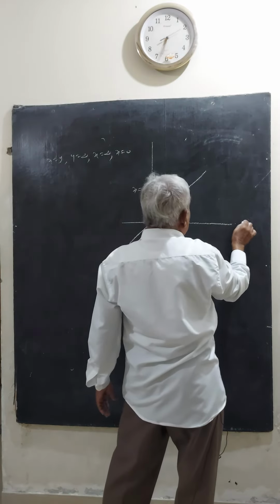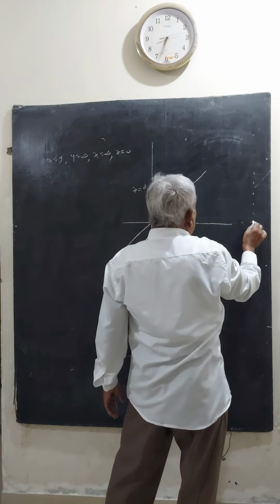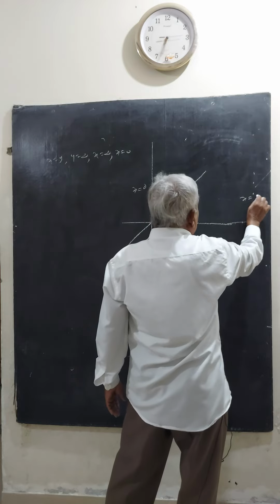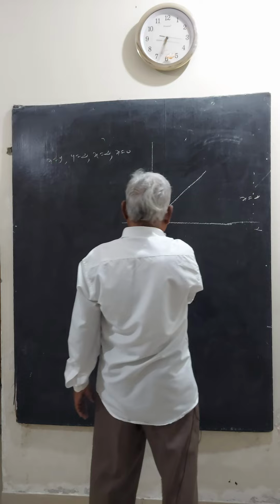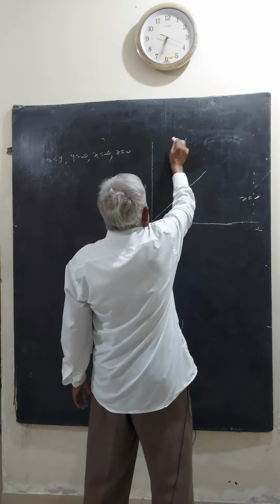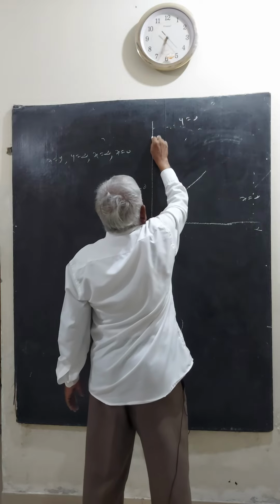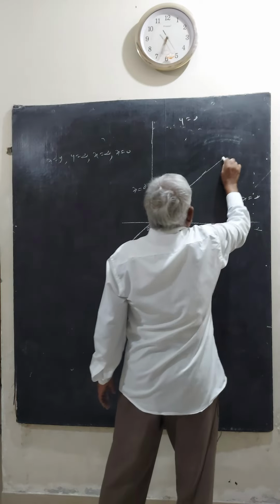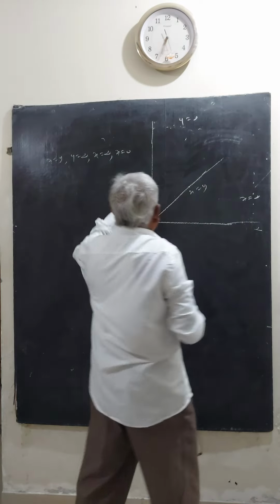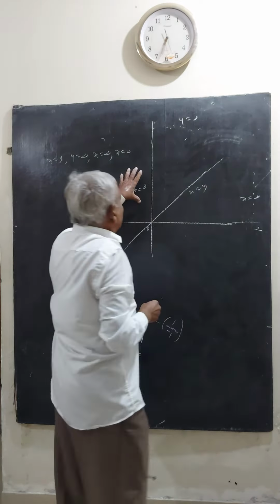One line may be at infinity, where the limit is x equal to infinity, so x is 0 to infinity. Similarly, there may be a line y equal to infinity, and x equal to y. These three curves come, therefore this is the required region.